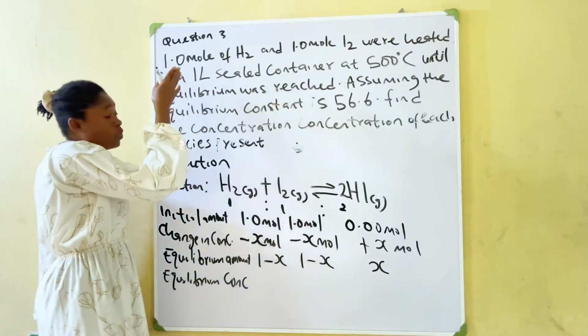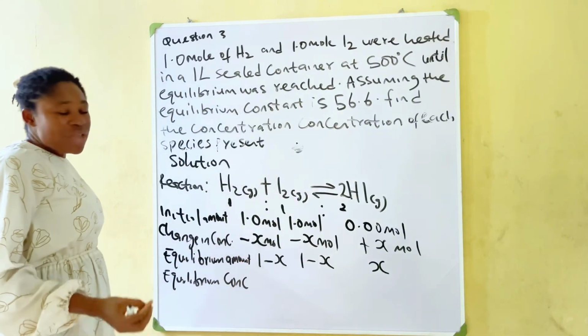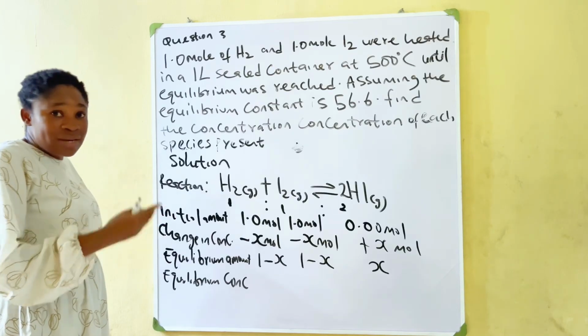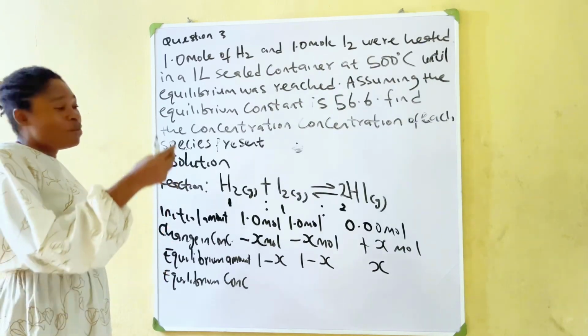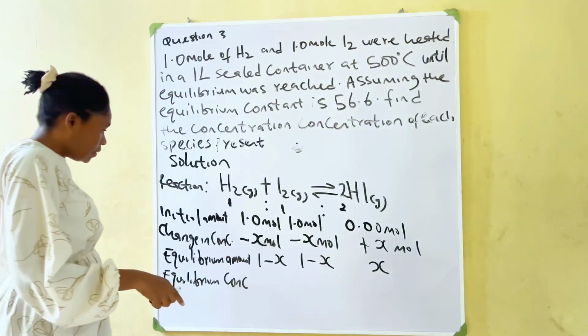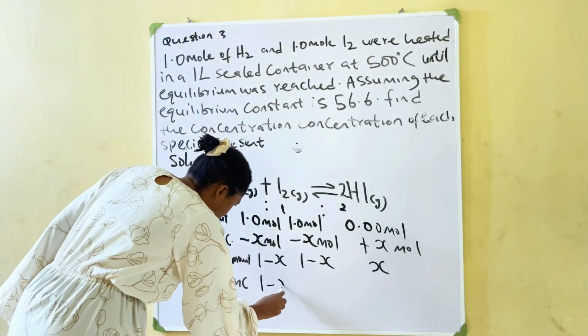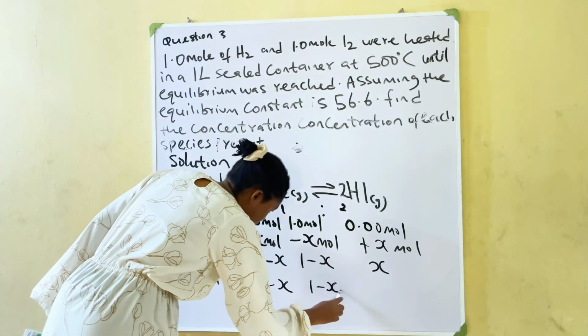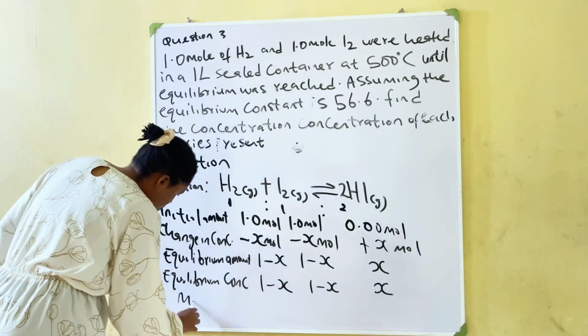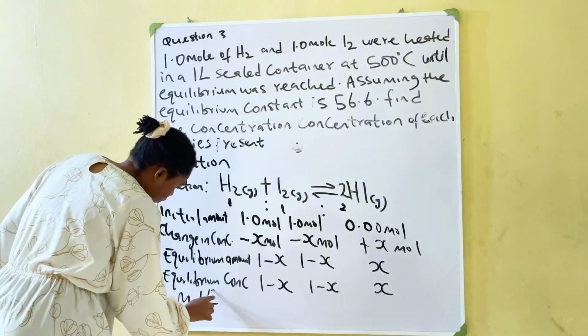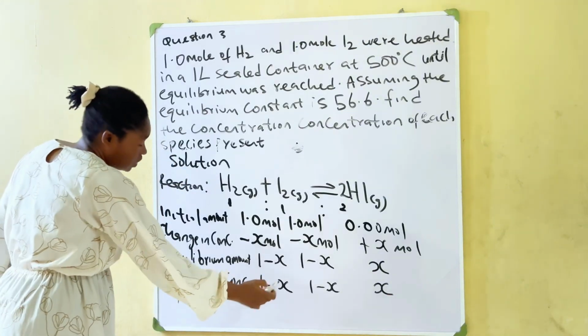The volume is 1 liter, so mole divided by 1 is the same thing. So 1 minus x, 1 minus x, and x mole per liter.